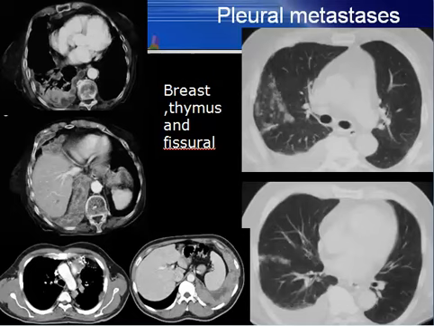It could be due to breast, it could be due to thymus, it could be due to any primary. This is the appearance of fissural pleural deposits and pleural encasement. Here is fissural, here is fissural, and here it is encasing. It's the typical appearance of pleural deposits.